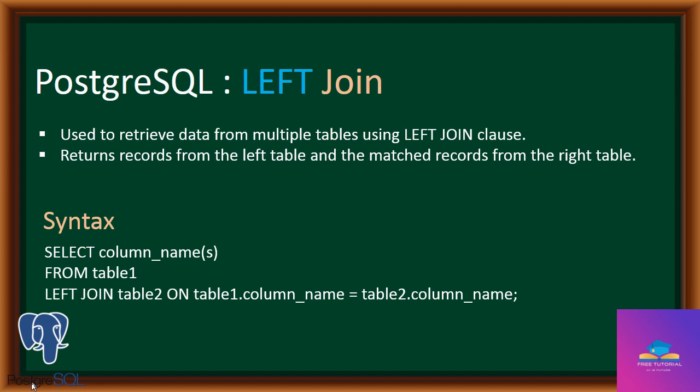So this, where it has the equals, is where you have the matching column where the join is actually performed.